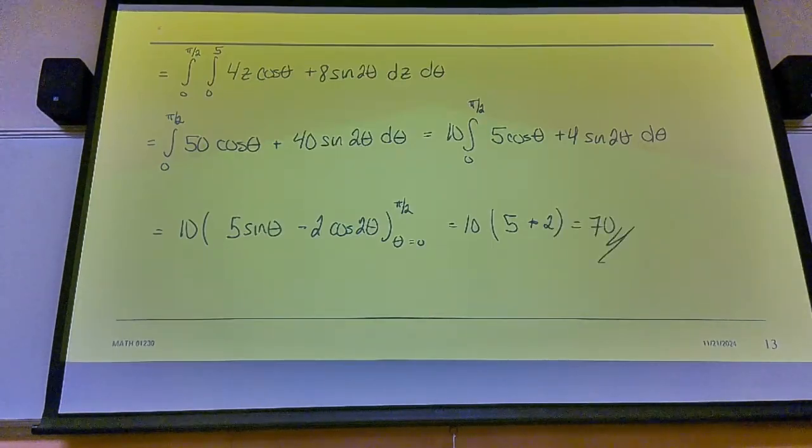We get a flux of 70. Uh-oh. That is not. There we go. It's possible that I just did this wrong.